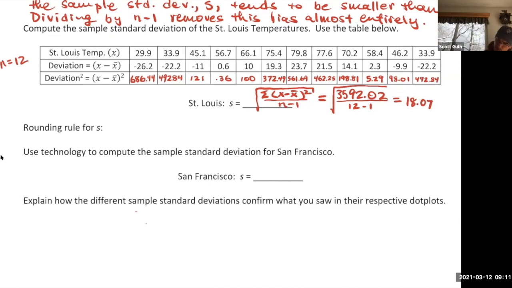And so you can see that there's two places after the decimal here. So our rounding rule will be the same that we had for averages. And that is I want you to keep one place more after the decimal than the data values you started with, the sample data.